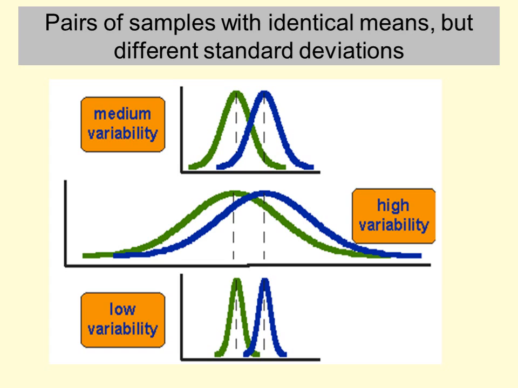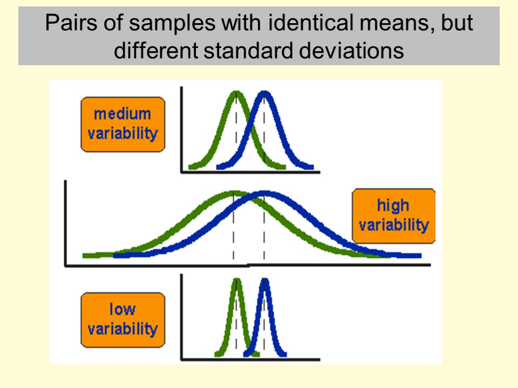This is just a diagram to visualize that situation where we haven't changed the means in the samples, they're staying the same. Look, the green could be our control group here and the blue could be our blueberry group. The mean stays the same.